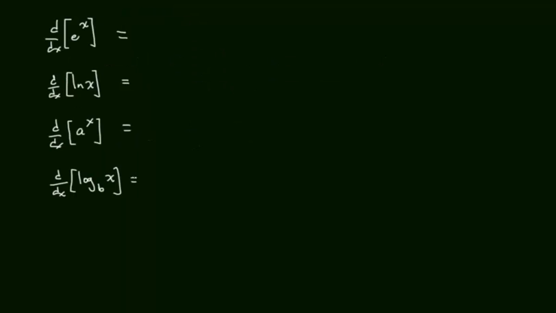Add these 4 to your book of memories. See if you can write these down before I get to say them. The derivative with respect to x of e to the x is e to the x. The derivative with respect to x of natural log of x is 1 over x.